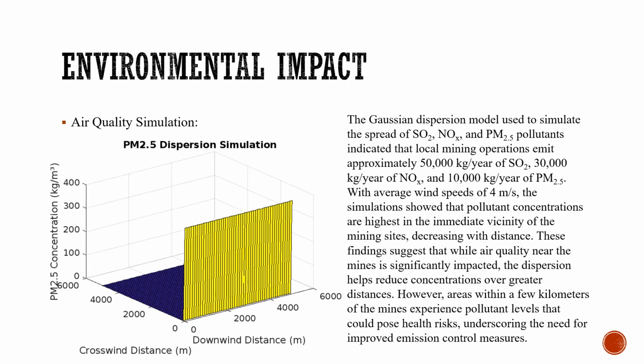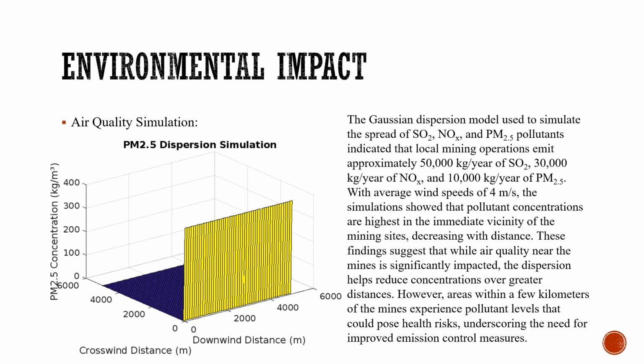The Gaussian dispersion model used to simulate the spread of sulfur dioxide, NOx, and PM 2.5 pollutants indicated that local mining operations emit approximately 50,000 kilograms per year of sulfur dioxide, 30,000 kilograms per year of NOx, and 10,000 kilograms per year of PM 2.5.